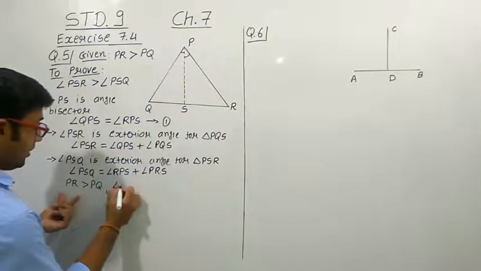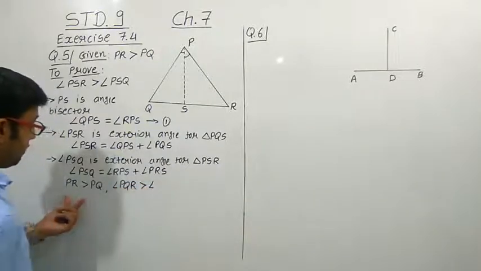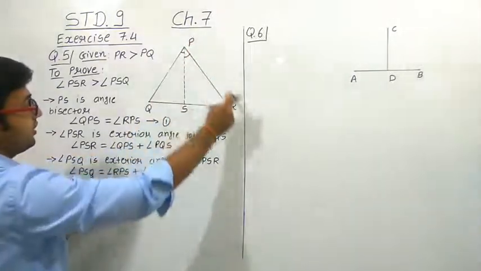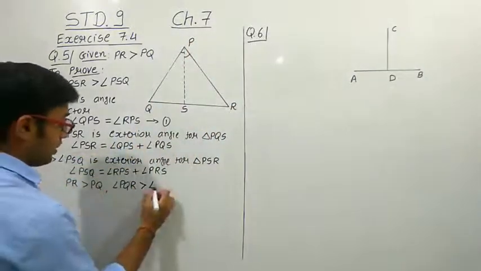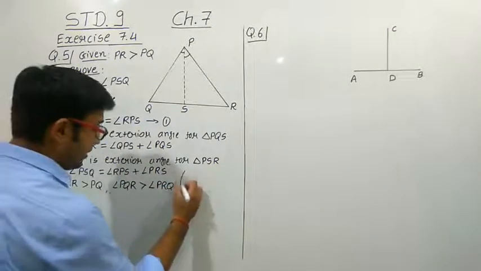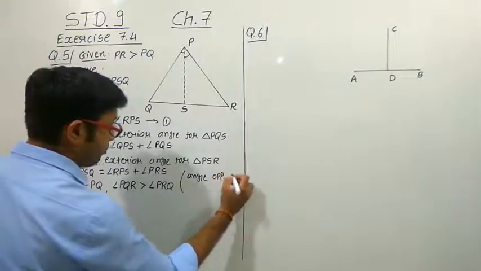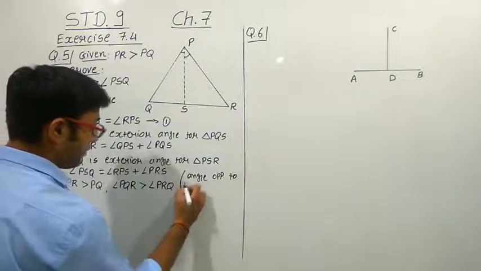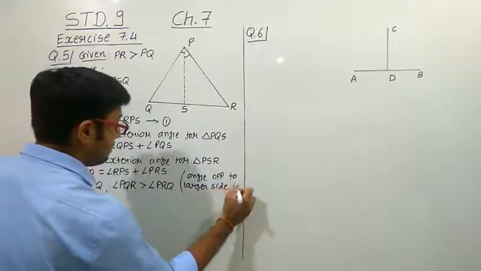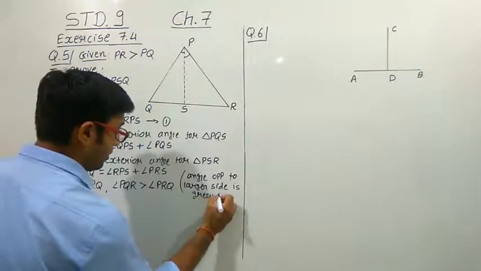So we can write that angle PQR is greater than the angle opposite to PQ side, which is PRQ. This we can write according to the rule that the angle opposite to the larger side is greater, right?